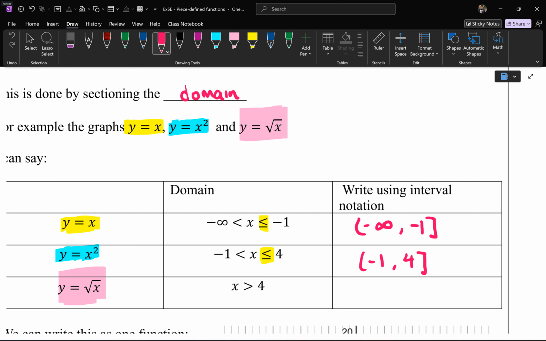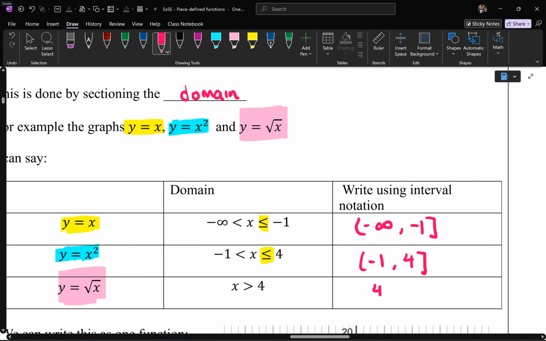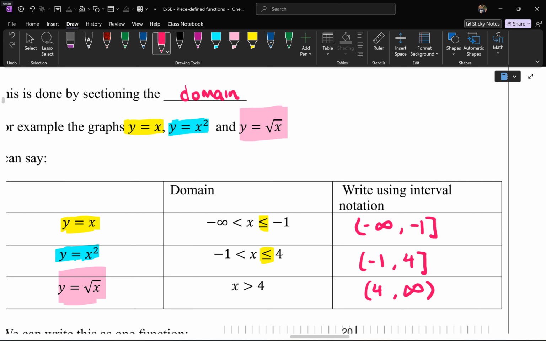One is called interval notation, the other one's standard notation. What about the last one? It doesn't have two ends. Open bracket 4 to infinity. Remember, that's positive infinity because it's greater than 4. So all the right-hand sides are infinities on the right. Open bracket for both. Okay, so that's your interval notation.